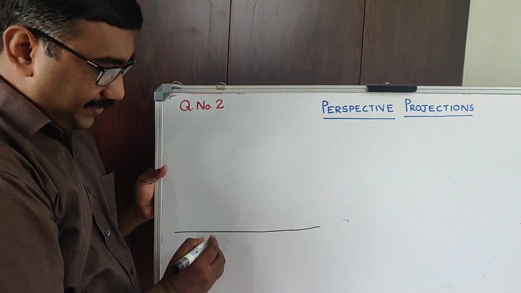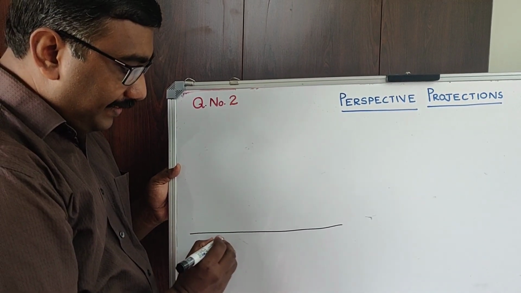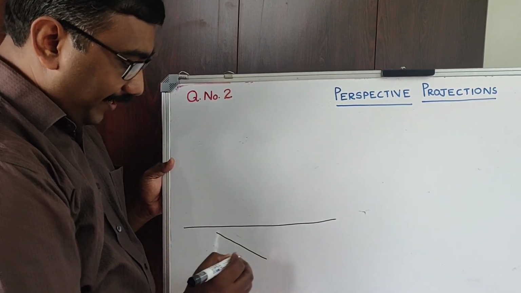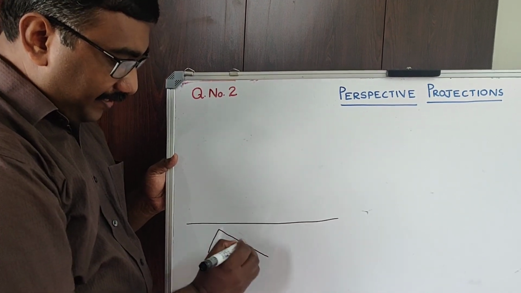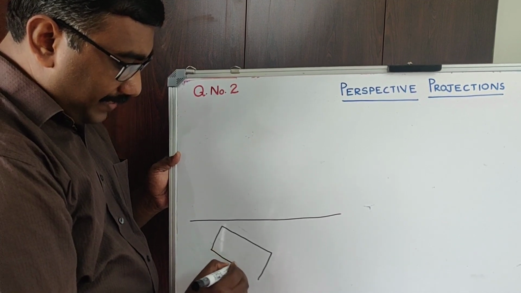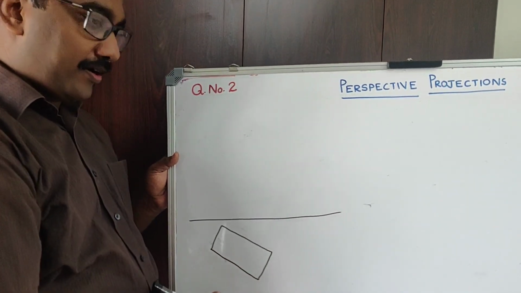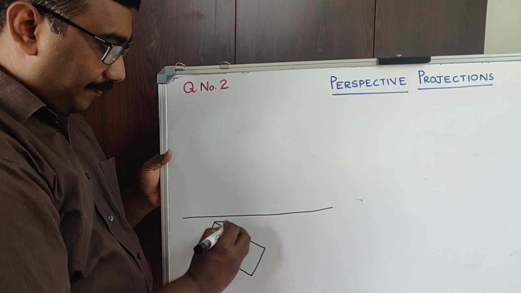One longer edge, or the lateral surface, is inclined at 30 degrees to the XY line, that you can draw. Now you can complete that rectangle with length as 60 and the base edge as 25. So this inclination is given as 30 degrees.